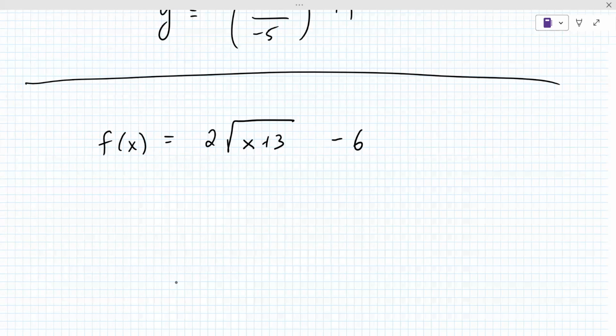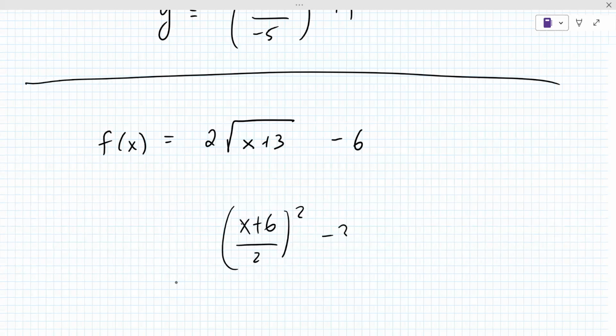Again, so it's y equals... Is it ((x plus 6) divided by 2) squared minus 3 equals y? Yes.